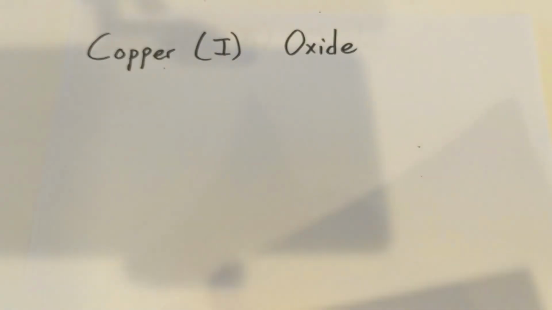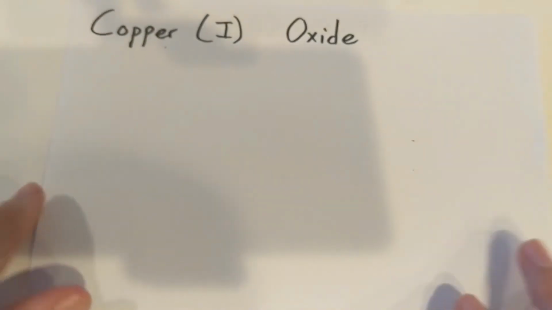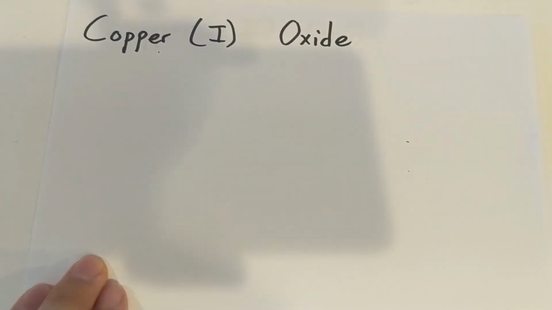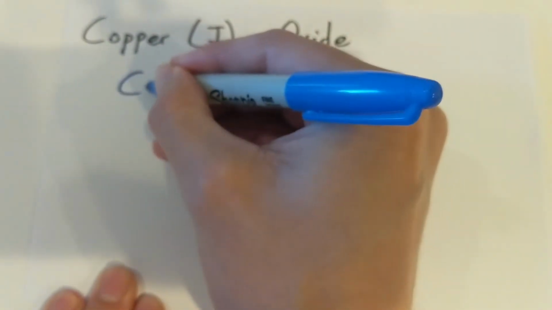So my next example, I'm going to be taking a look at some of my transition metals. That's where it gets the most complicated. So this one tells me my charge. It does not tell me how many copper I have in my formula unit. So it's telling me my charge on my copper is 1.